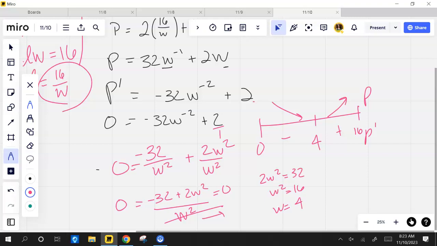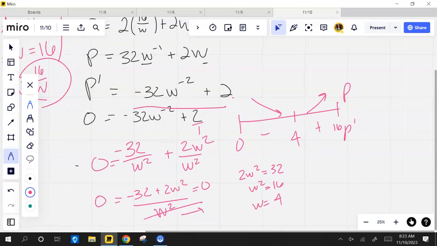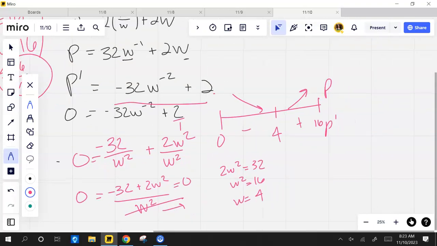If I plug into this. Did you do the second derivative at 4? Well, here's the thing, if it did this, here's my minimum, right?